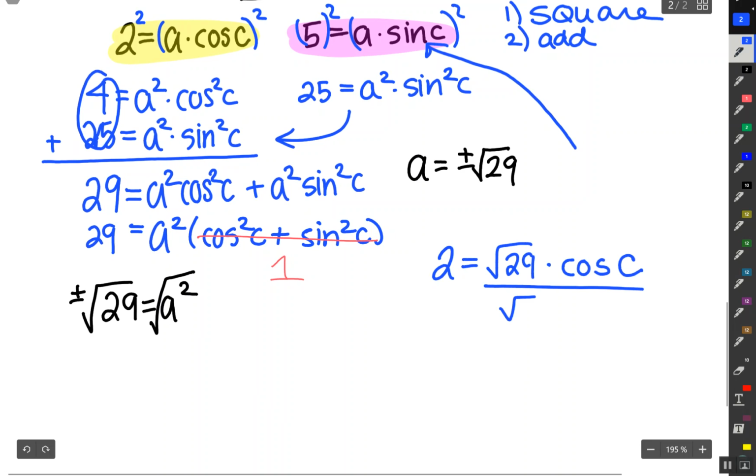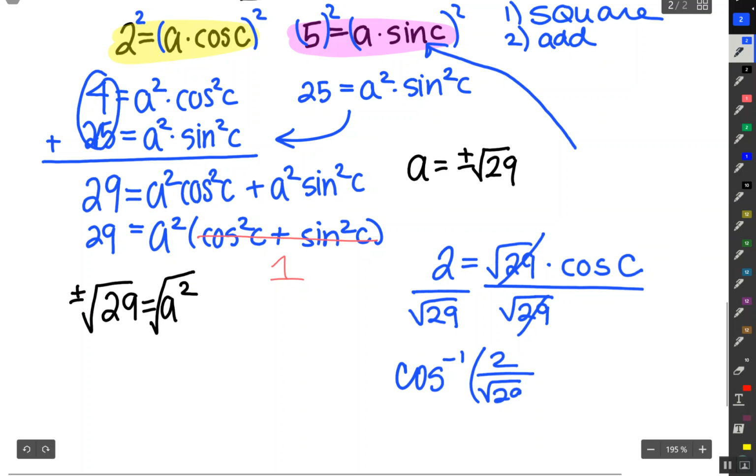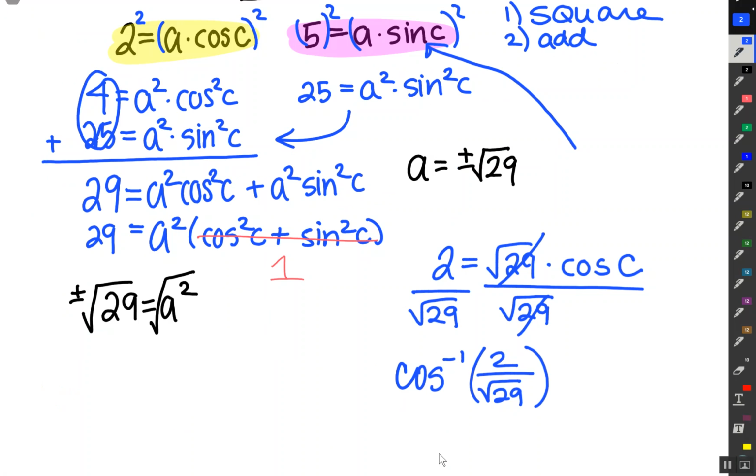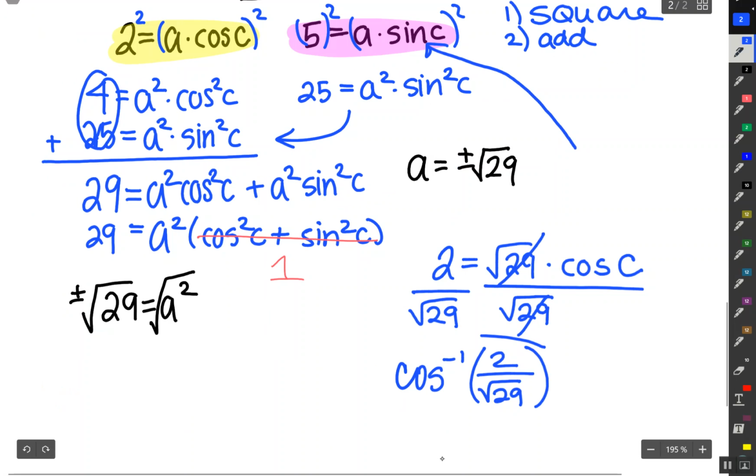So we can divide both sides by the square root of 29. That cancels. And then we're going to have to do the cosine inverse of that lovely thing. So you can work out this thing in a calculator and you're going to get the angle.